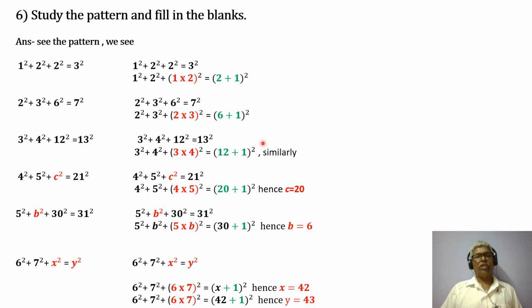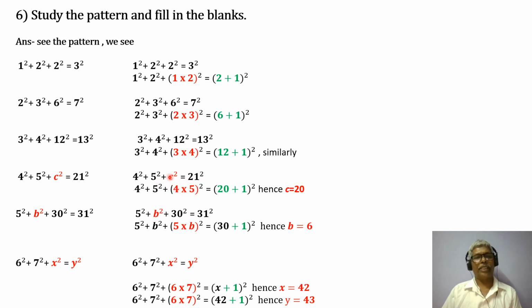Yes. Now go to the first equation. This is 1 into 2. Yes, and the answer is 2. And this 2 plus 1 is this 3 square. Yes. Okay. So if you follow the same pattern for this, 4 square plus 5 square plus C square equal to 21 square.